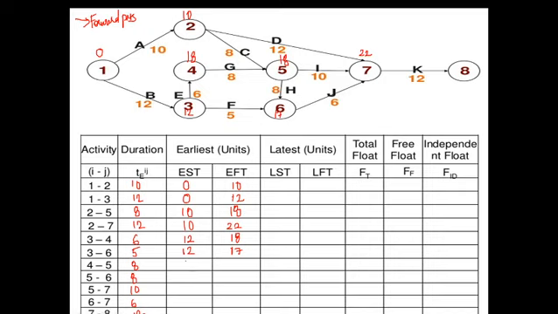Write it over here. Here 18, here 26. So on event 5 there is a junction, and one more time we have got 26.